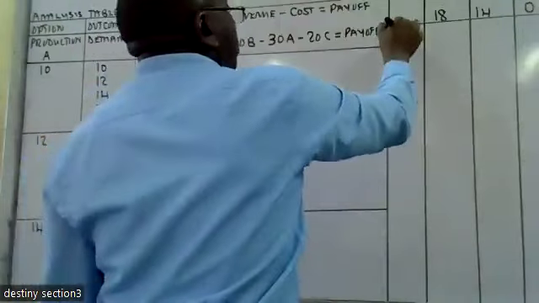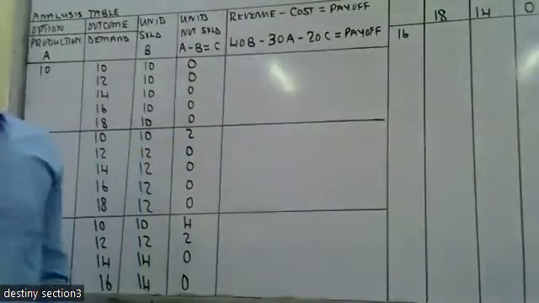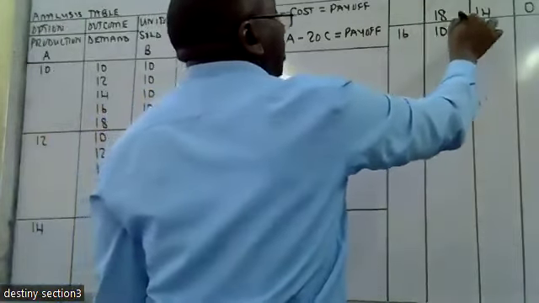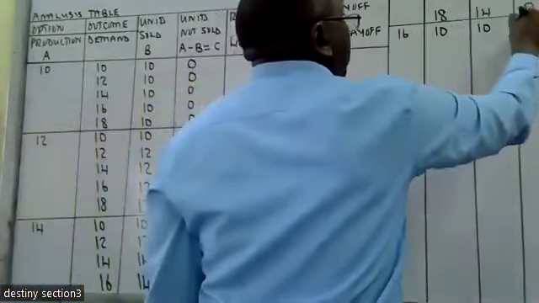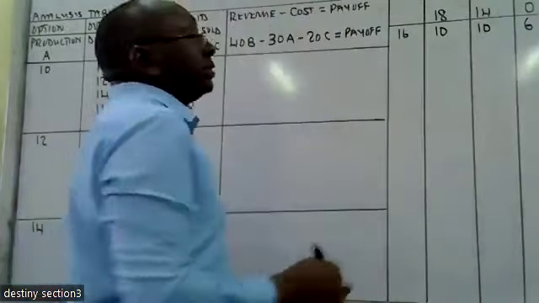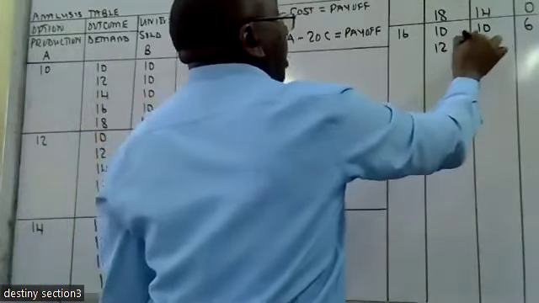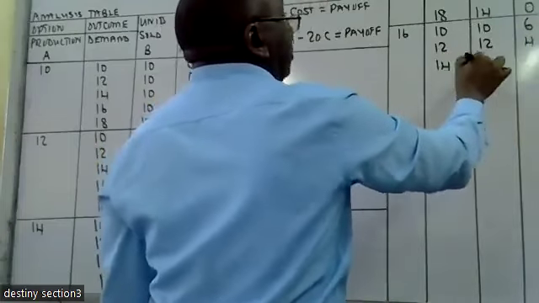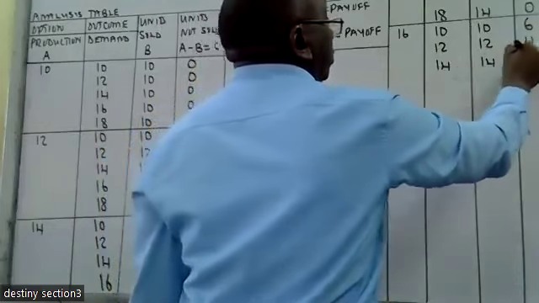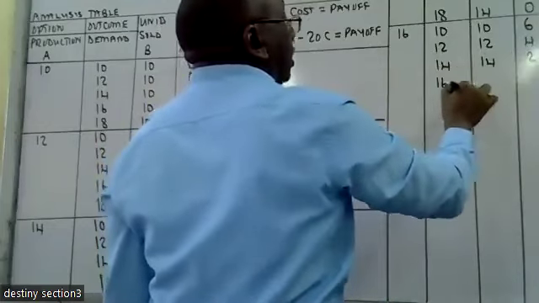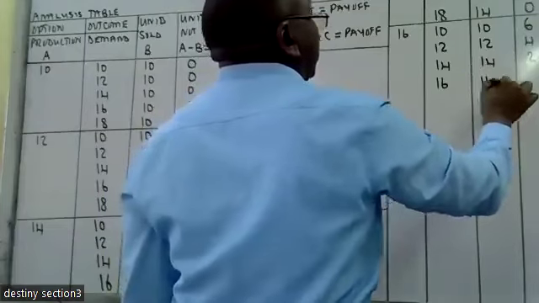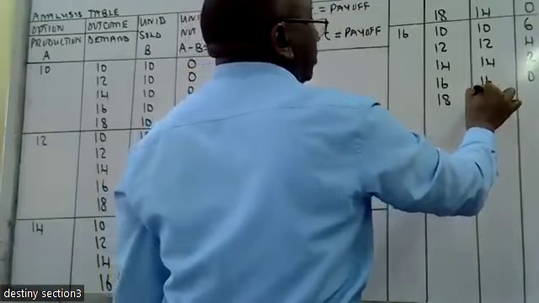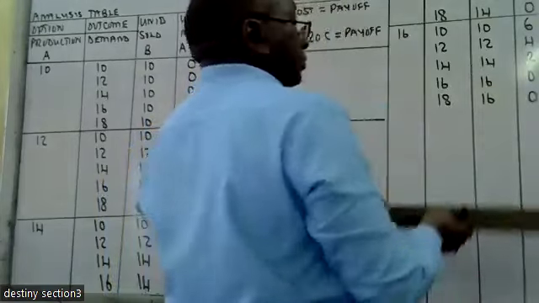Now assume they have produced 16. They produce 16. 10 customers come, they sell 10. How many remain? 6. 12 customers come, they sell 12. 4 remain. 14 come, they sell 14. 2 remain. 16 come, they sell 16. 0 remain. 18 come, they sell 16. 0 remain.